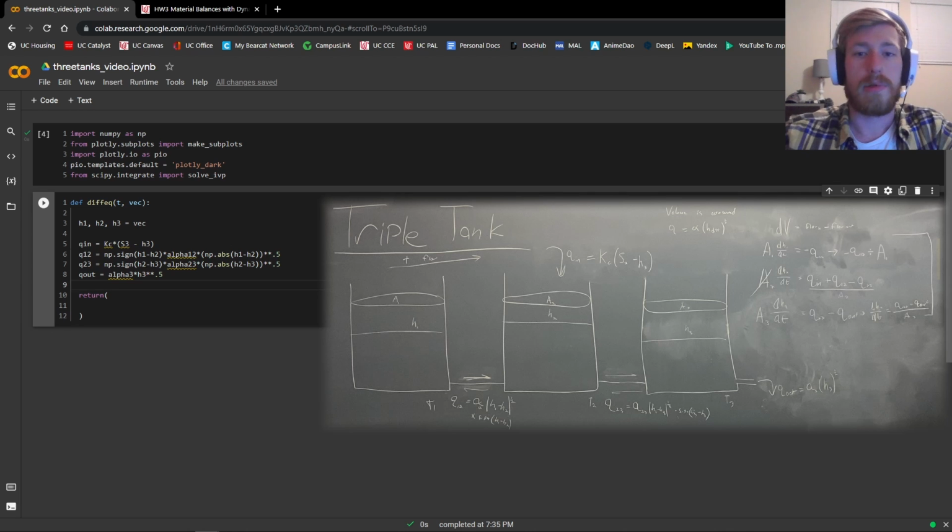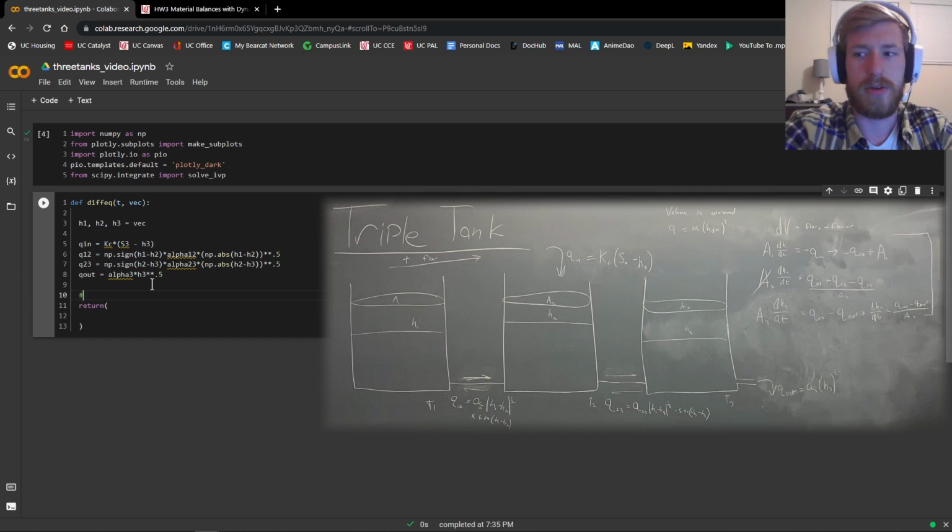Now we'll let our image of our previous one fade out, and we'll jump to another image of our previous video where we actually show the differential equations, because this just models the flow of our volume between our tanks and in and out of our system. So what we actually need to model is the change in height over time in terms of those flows, which are then in terms of the height. I'll just put this in comments here.